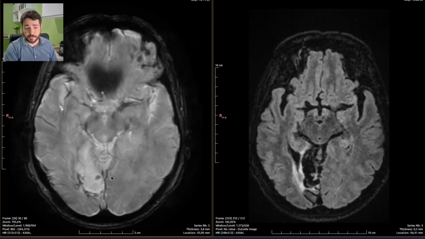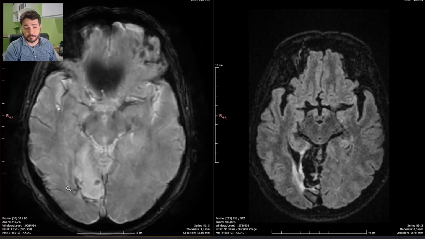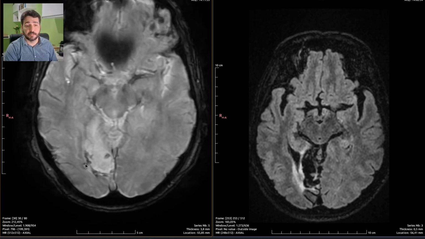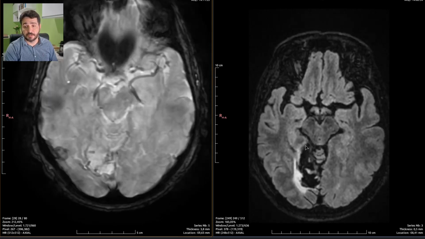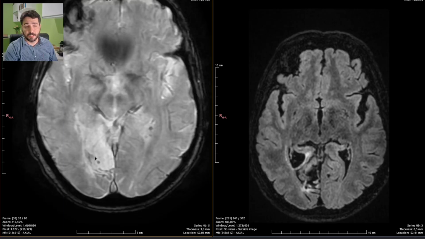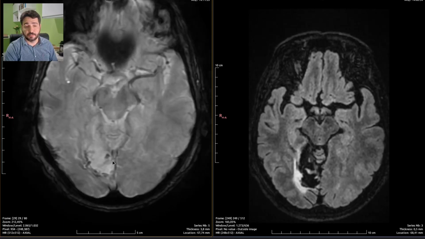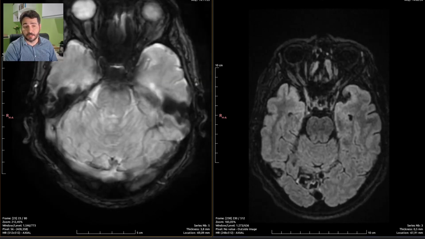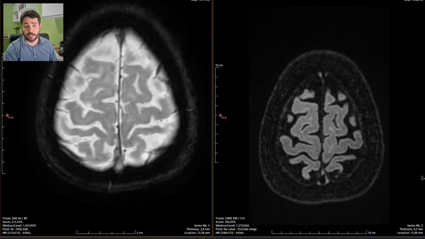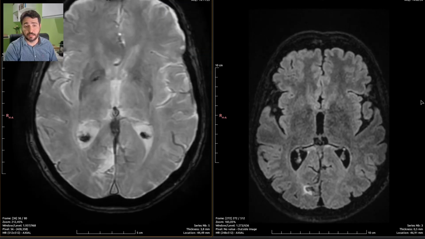As you can see right here, we have some lower signal small areas on the margins of the stroke area. This is very common because this is a large stroke. It has a bit of hemosiderin deposits on the periphery. So this is what it is supposed to look like.